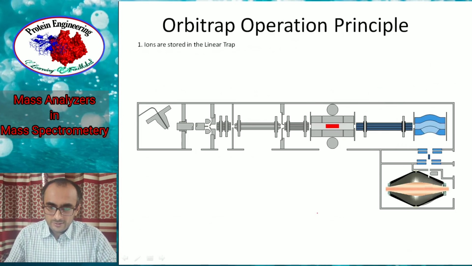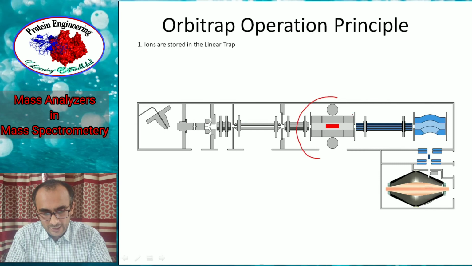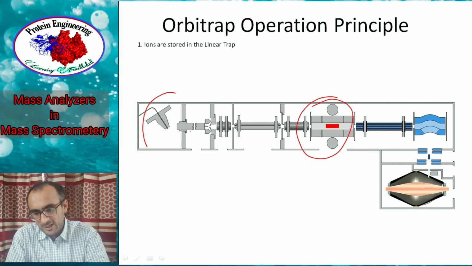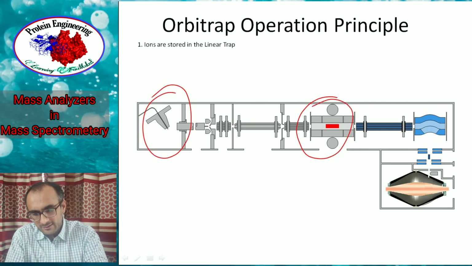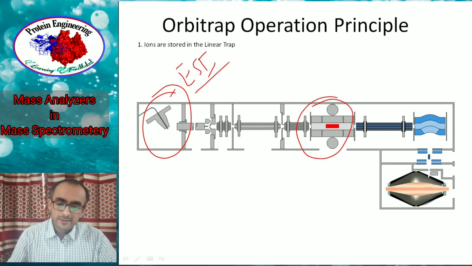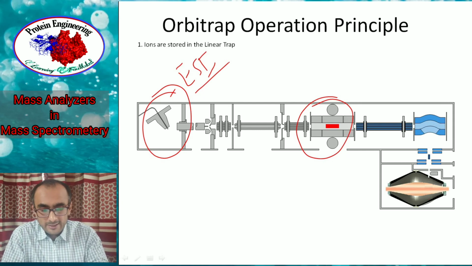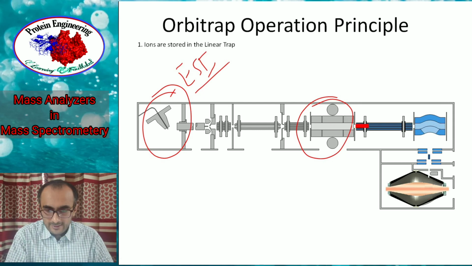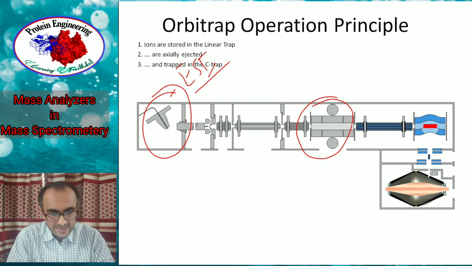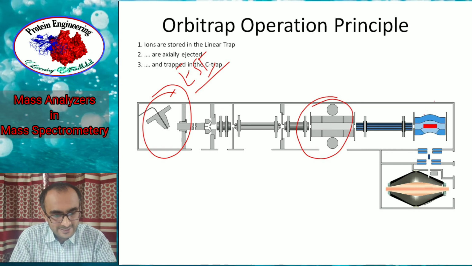So in operation, ions are stored in a linear trap. They must be coming from some ion source. Here, for example, ESI, electrospray ionization, is very compatible with this kind of mass analyzer. Then these ions are stored and axially ejected to the C-trap.